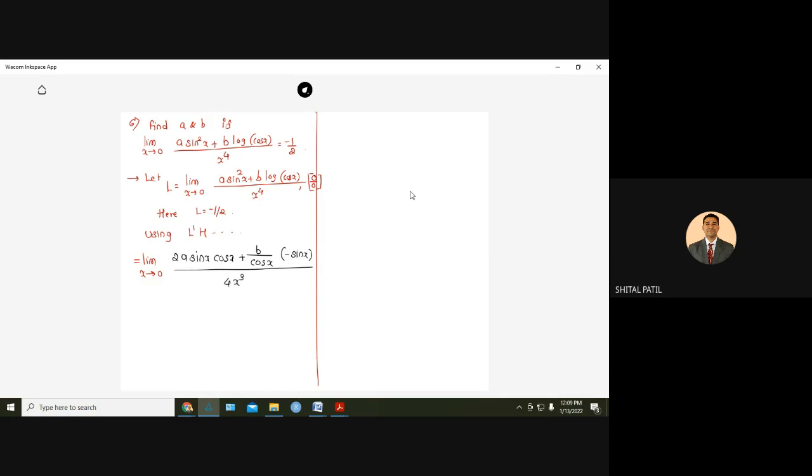First we'll simplify this and then substitute x equal to 0. Limit x tends to 0: 2 sine x cos x is sine 2x, and minus sine by cos is tan.